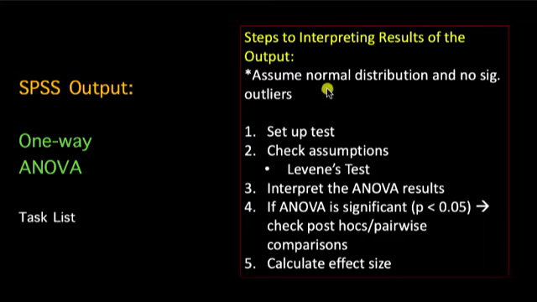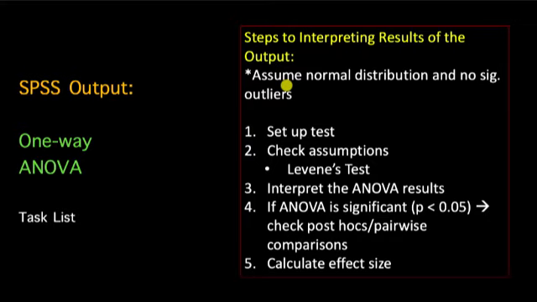Okay, so the first thing that I want to point out is that for our ANOVAs for the next 3 weeks, you guys are just going to assume you have a normal distribution and no significant outliers, as well as random sampling. Random sampling is associated with how you've recruited people.